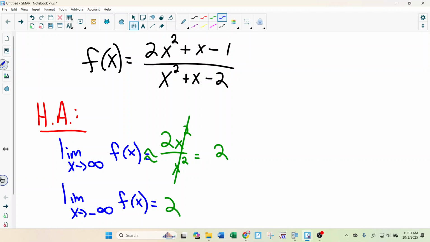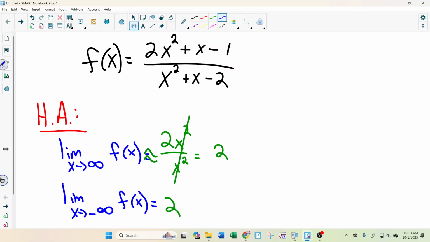Understand, we do not want to plug infinity in and say we get 2 times infinity over infinity and then cancel our infinities. That is not true. You can't cancel infinities. They're not numbers. But you can cancel x's because that's using our algebra. Okay? So that is our horizontal asymptote.